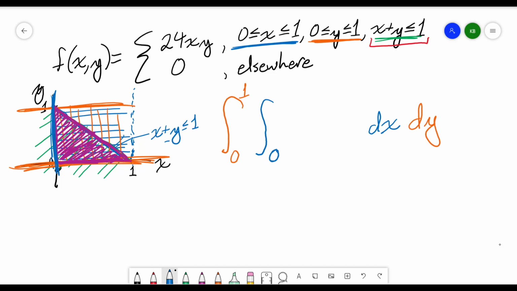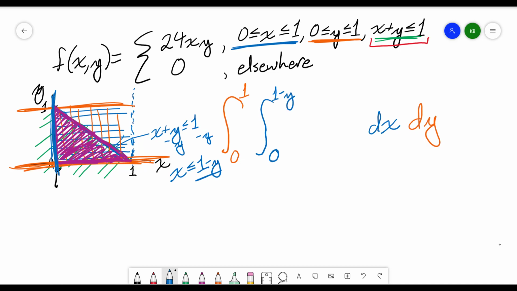So all I do is I subtract y from both sides, and I'll end up with x is less than or equal to 1 minus y. And this is exactly an upper bound for x. 1 minus y is as large as it can get. So I'll have 1 minus y as my upper bound for my x values.